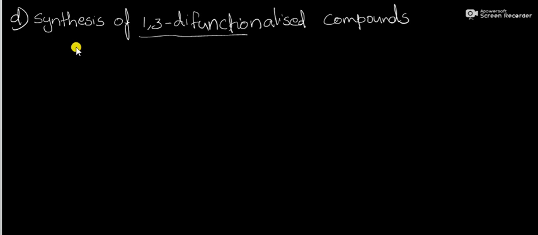Next is synthesis of 1,3 difunctionalized compounds. 1,3 difunctionalized compounds are usually synthesized by condensation reactions like aldol condensation, Claisen condensation, Knoevenagel condensation, Michael addition, Reformatsky reaction, etc. If this is our target molecule, then how can you disconnect?